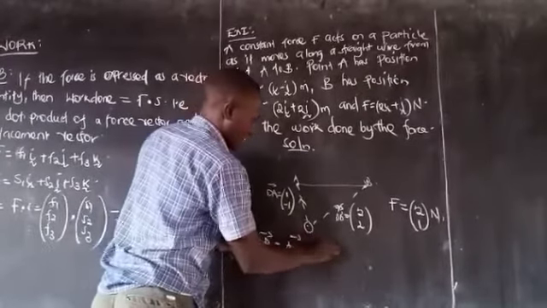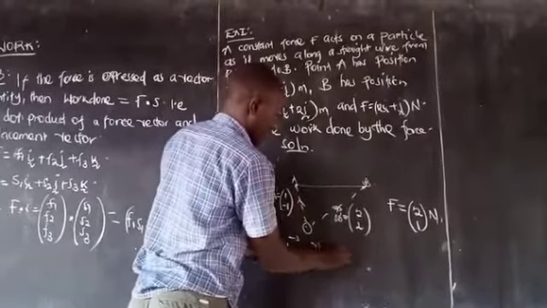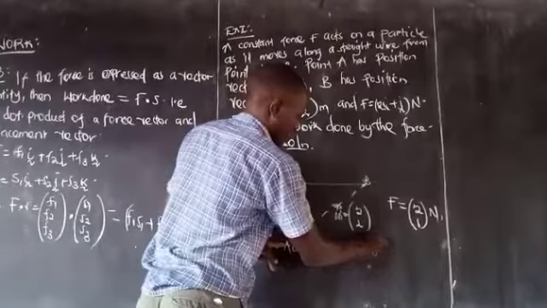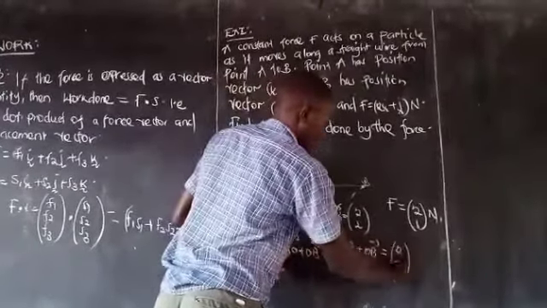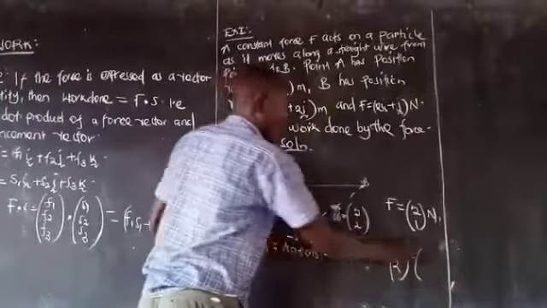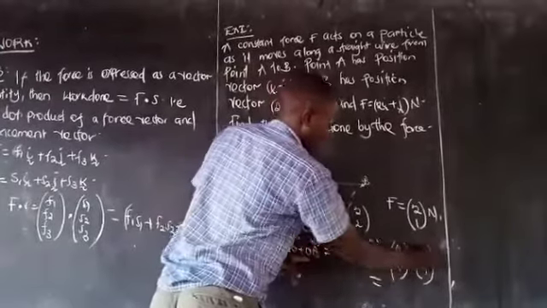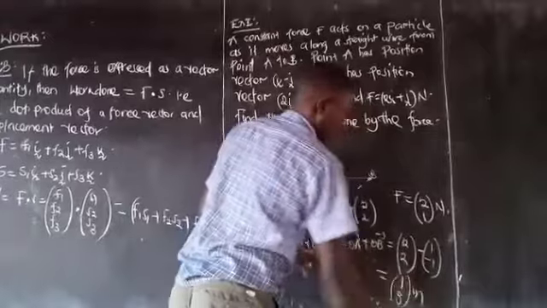But AO is the negative of OA, so we shall have negative OA plus OB. And this simply gives you OB, which is (2, 2) minus OA, which is (1, -1). And this is (2-1, 2+1), which is (1, 3). So that is the displacement.